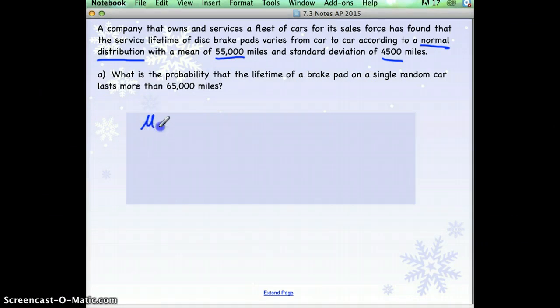The mean of our sampling means should equal the mean of the population, which is 55,000. The standard deviation of our sample means is equal to the population standard deviation divided by the square root of our sample size.